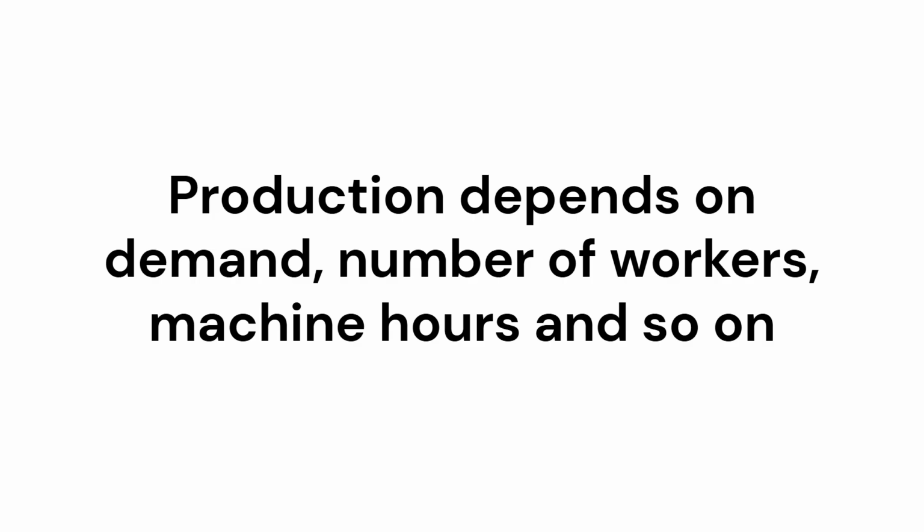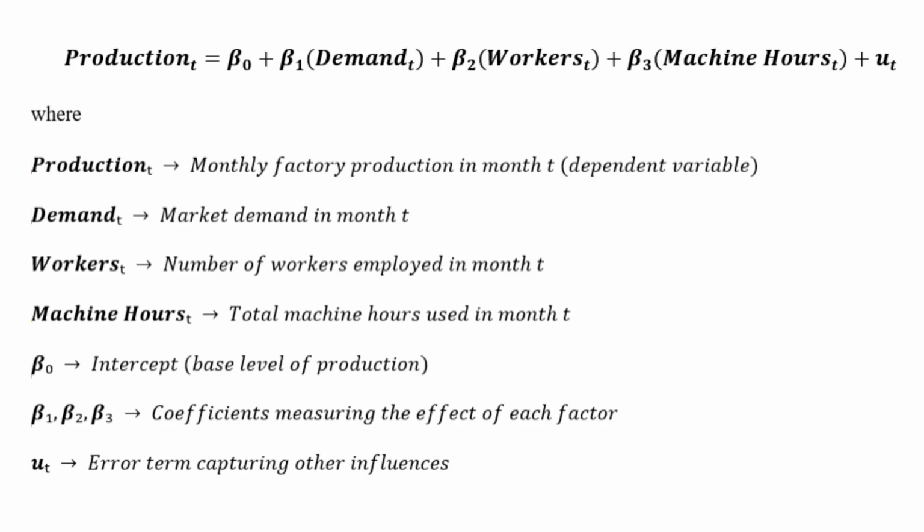So we write a regression model as shown in the slide. The error term u_t represents all other factors affecting production that are not included in the model, such as machine breakdown, electricity outage, unexpected worker absence, or transportation delays, for example. These are the disturbances.